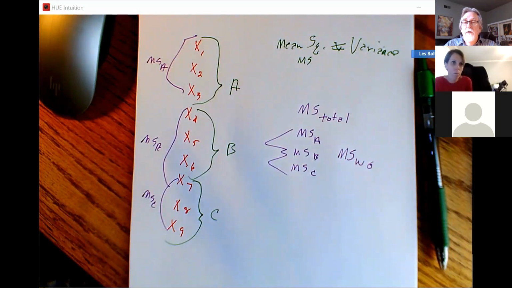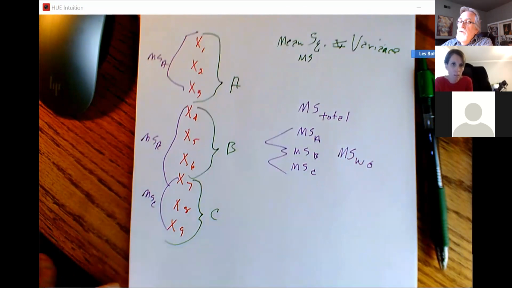It doesn't. In fact, the mean squares within the groups is always somewhat less than the total mean squares. And so we have to think about what's going on there.